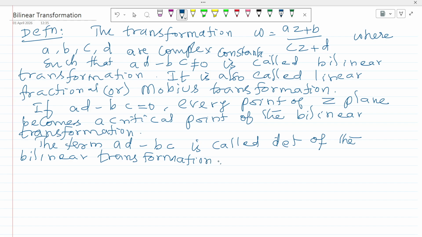So what is meant by bilinear transformation is we are transforming the Z plane to the W plane based on some fixed points.